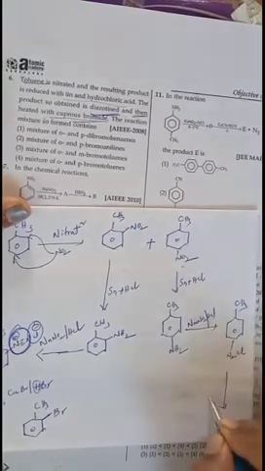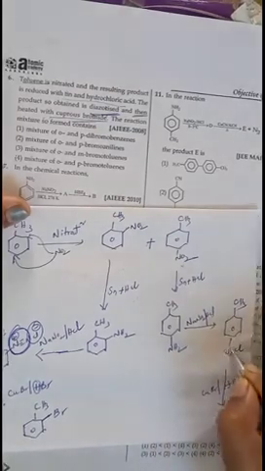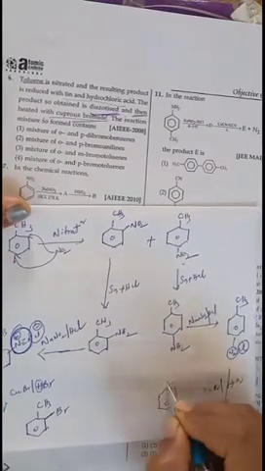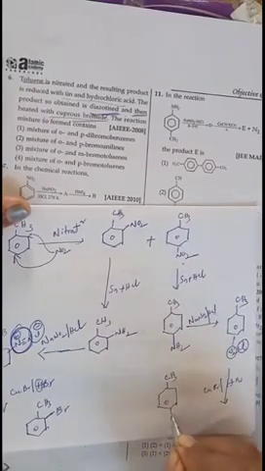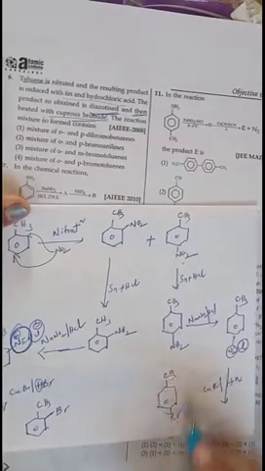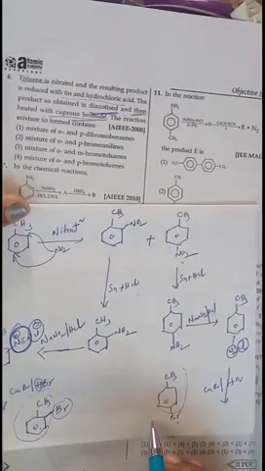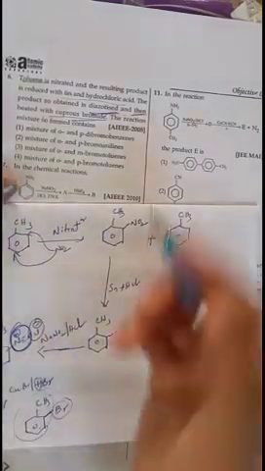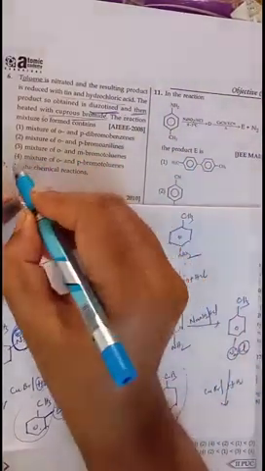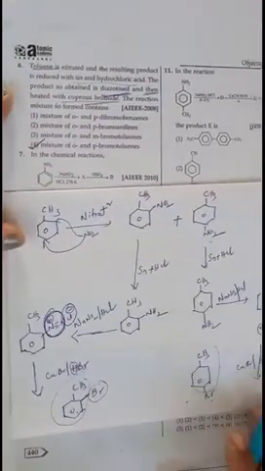When again it reacts with cuprous bromide and HBr, these two are released. In this place Br is substituted. Then we will get CH3 and Br here. This is called para-bromotoluene. Orthobromotoluene and para-bromotoluene are formed as the final product. It leads to give a mixture of ortho and para-bromotoluenes.